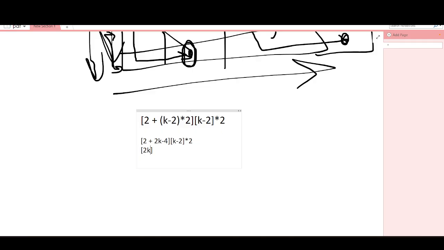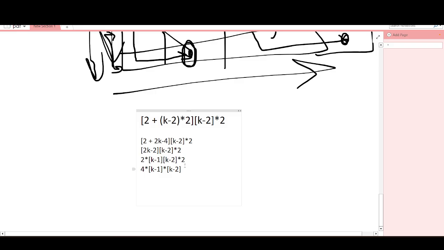Now this becomes 2k minus 2, times k minus 2 times 2, and if we take 2 common, it will become 2 times k minus 1, times k minus 2, times 2. If we multiply these, we get 4 times k minus 1 times k minus 2. So these are the total number of positions on a k cross k chessboard where the knights will attack each other. So we will subtract these positions from the total available positions.